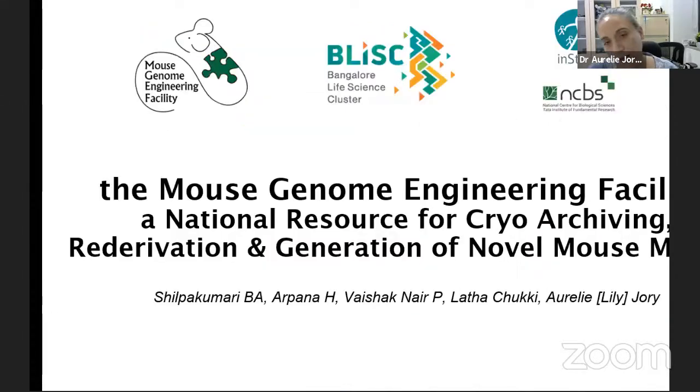So I'm going to talk a little bit about the different types of services. I know this seminar is mostly focused on the genome engineering part of our services, but I'll quickly go through the other couple of services that we provide here at the Mouse Genome Engineering Facility. The reason for that is that it's kind of inclusive. When you have a very nice and important mouse model, you need to make sure that it's safe, whether it's in a live status or in a cryo status, and you need to be able to maintain it properly over the years.